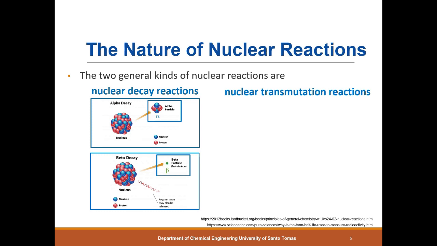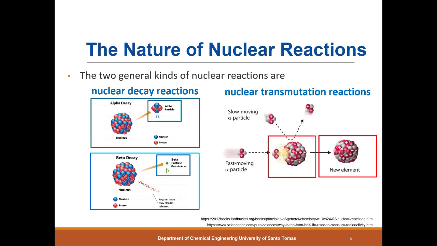The resulting daughter nuclei have a lower mass and are lower in energy, or more stable, than the parent nucleus that decayed. In contrast, in a nuclear transmutation reaction, a nucleus reacts with a subatomic particle or another nucleus to form a product nucleus that is more massive than the starting material.